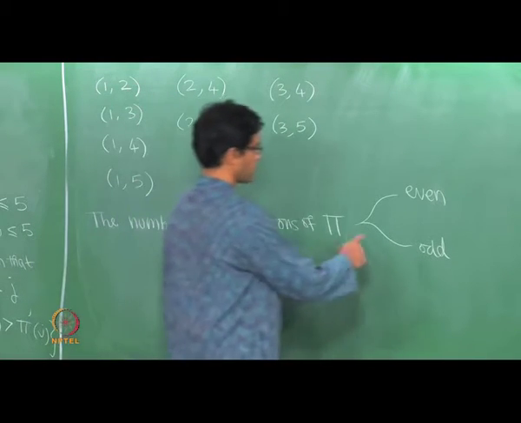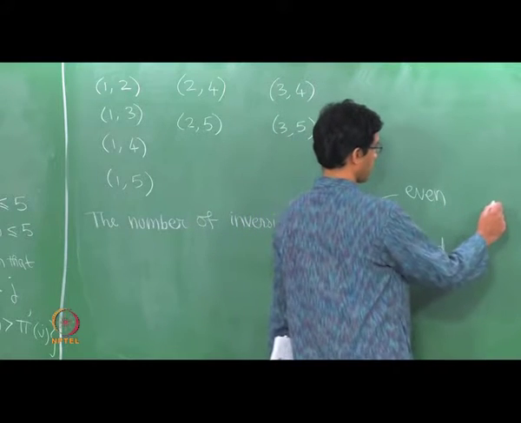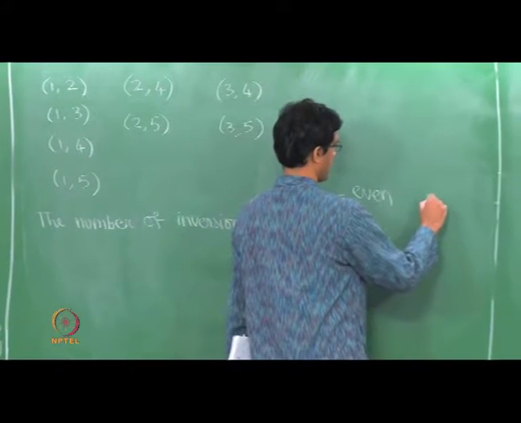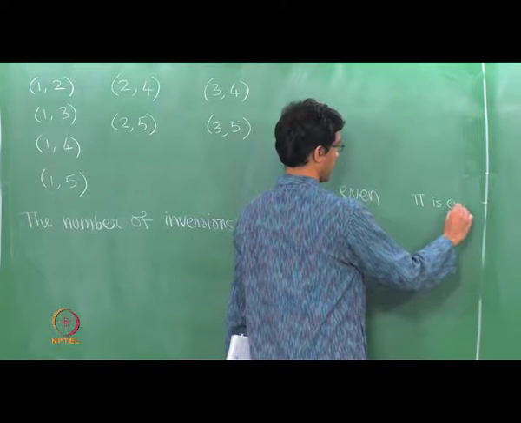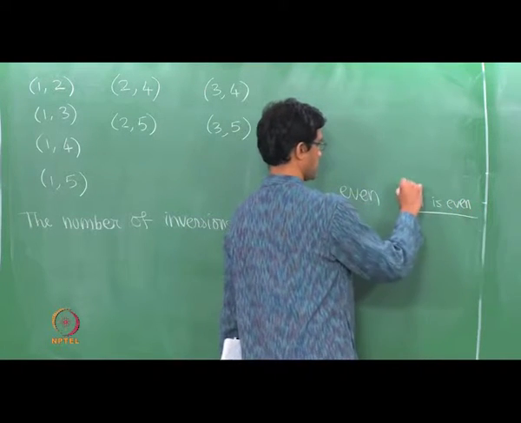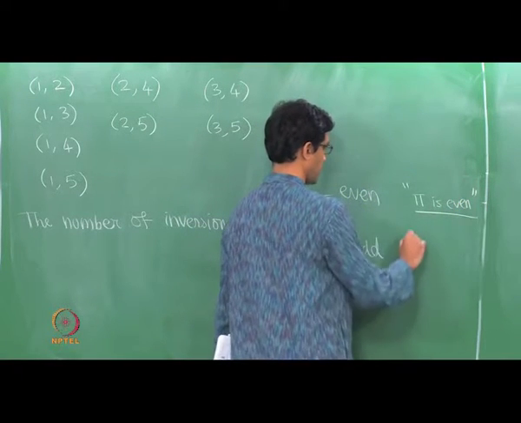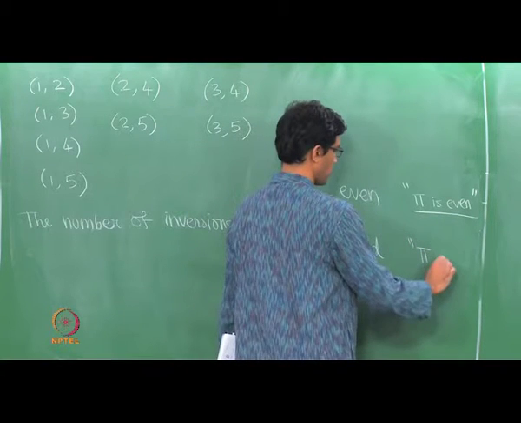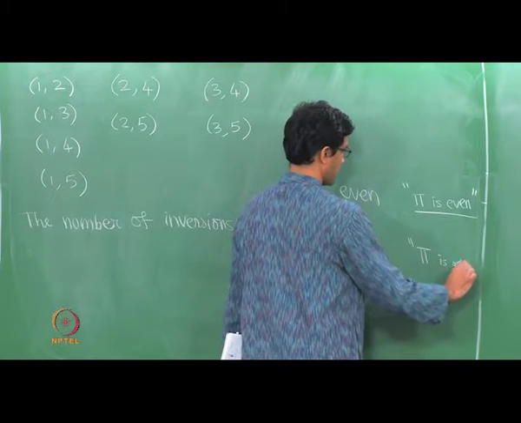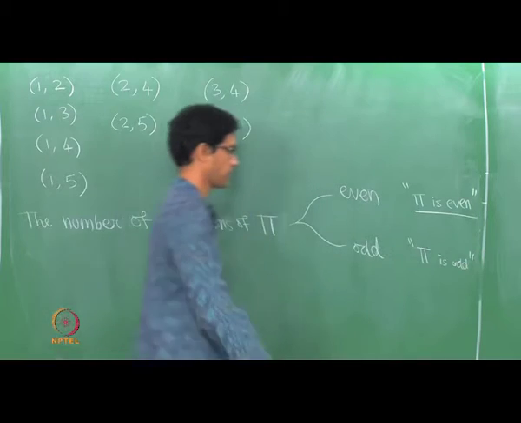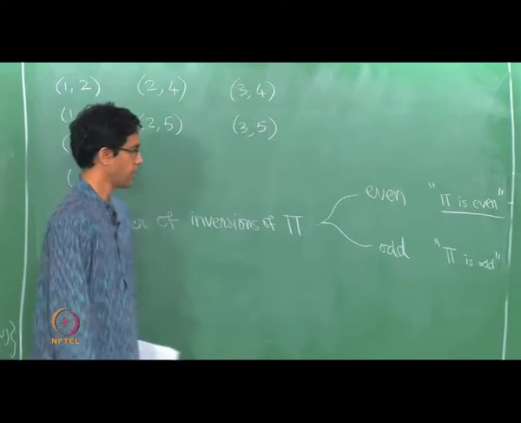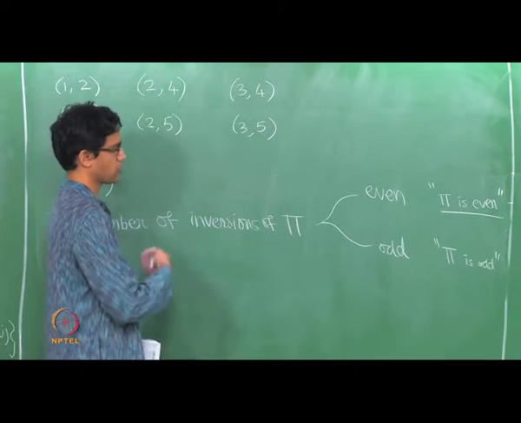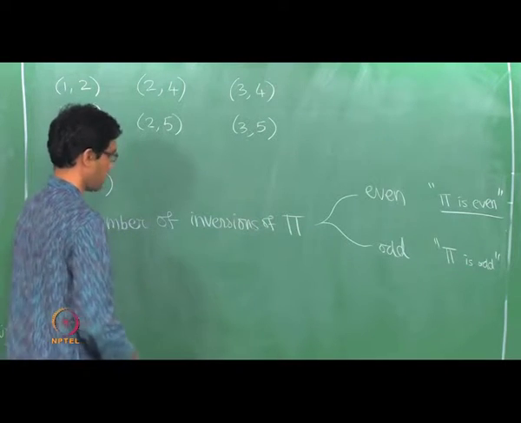So in this case, if the number of inversions of pi is even, we will say that pi is an even permutation. That is the terminology, and if the number of inversions is odd, we will say that pi is an odd permutation. We also have a notion of sign, which is another way of saying the same thing.